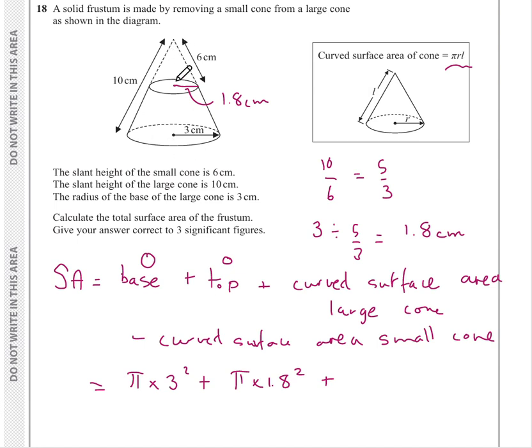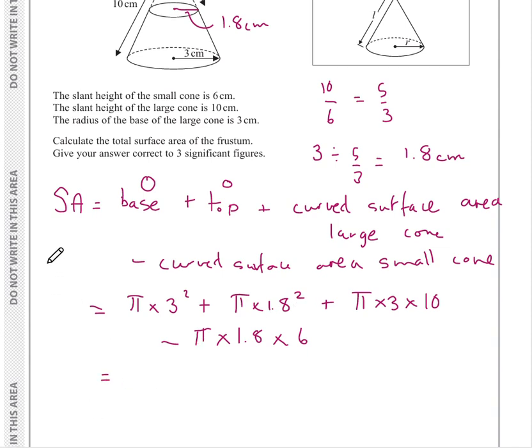The full surface area of the large cone is going to be pi times r times l, so the radius is 3 and the length is 10. And then from that, we want to subtract the smaller curved surface area. It's going to be pi times the radius of the small one, 1.8, times L for the small one, which is 6.